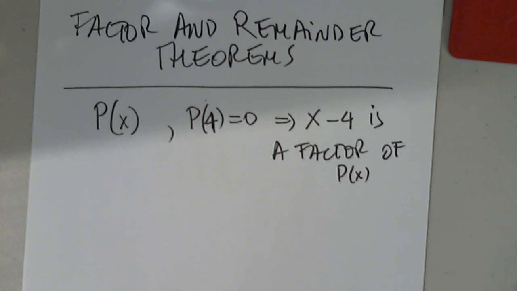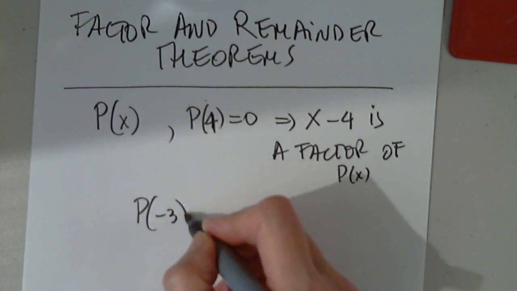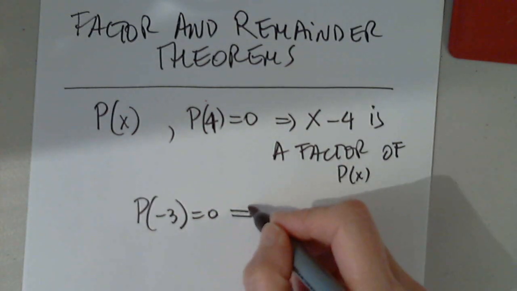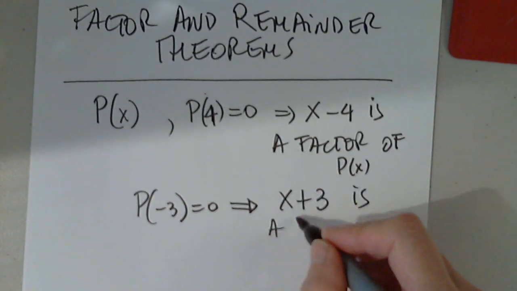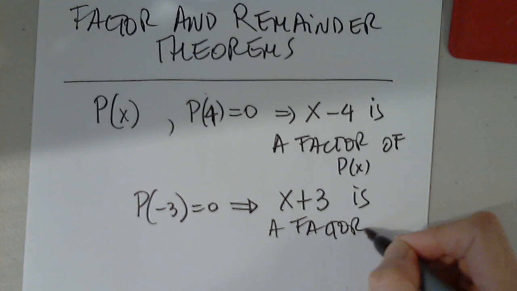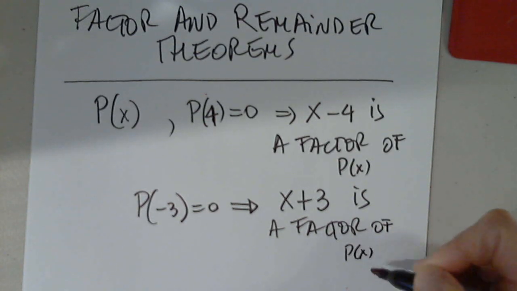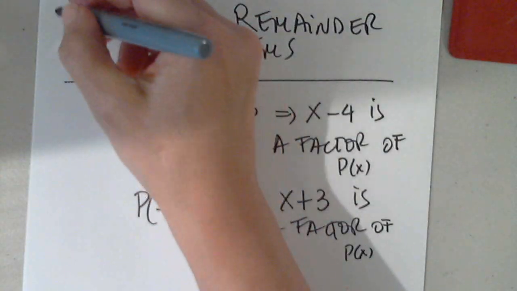Mandatory. If I plug in p of negative 3 and I get 0, this means that x plus 3 is a factor of p of x.